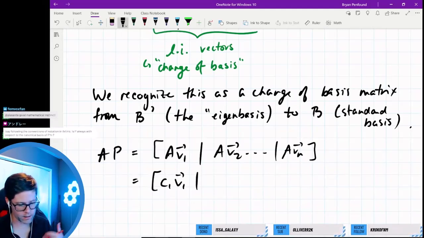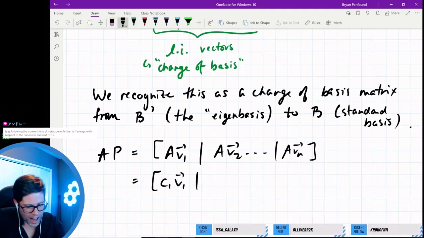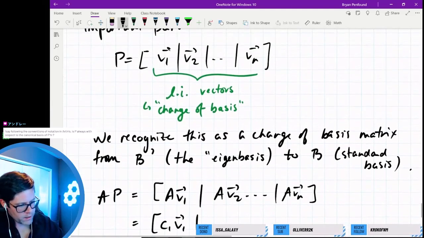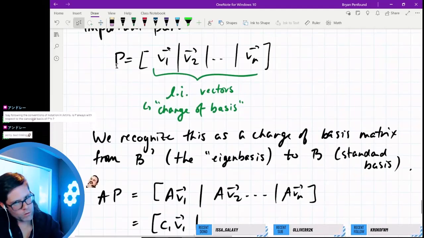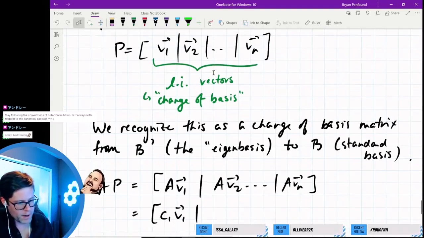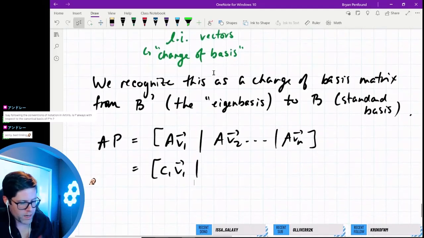Following the conventions of notation in Artin, is P always with respect to the canonical basis of F^n? So P is always a change of basis from, I think he's usually going from a non-standard basis to the standard basis typically, is how I think about P. Although the inverse does the opposite.